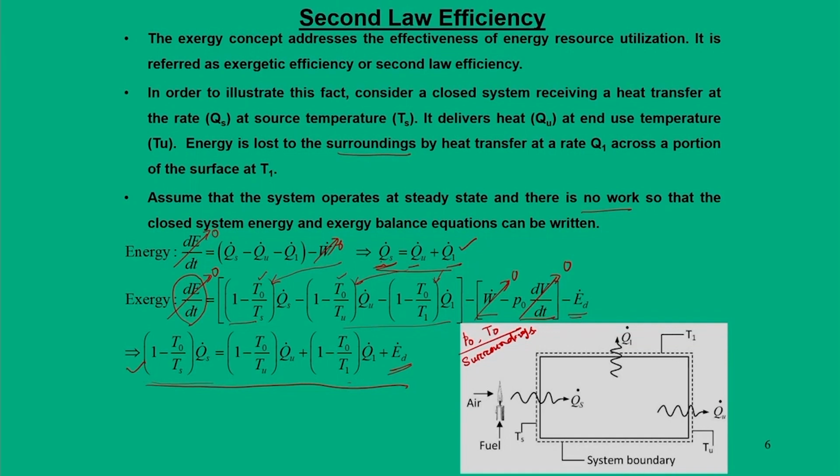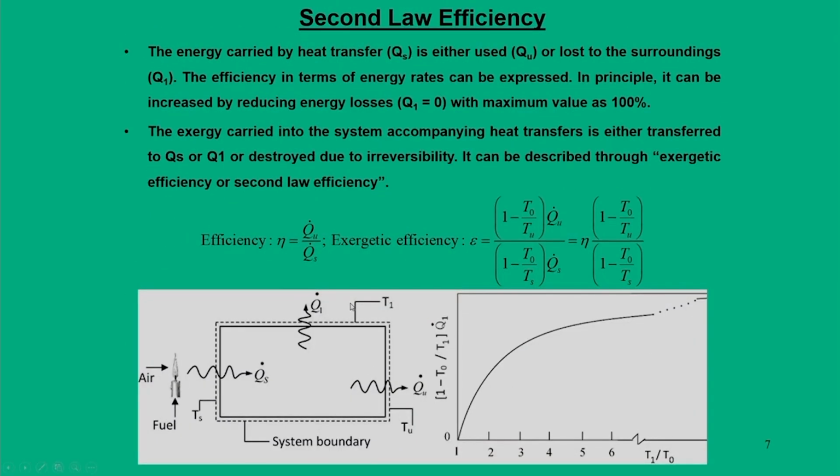Now, let us move further on what the second law of efficiency talks about. When you deal with the first law of efficiency, in fact, in the Carnot cycle, while discussing about the Carnot cycle or during the second law analysis, we say that the efficiency term is Qu by Qs. Now, with respect to this particular term, Qs is the input to the system, and Qu is the heat getting utilized.